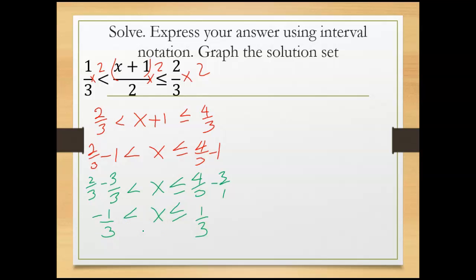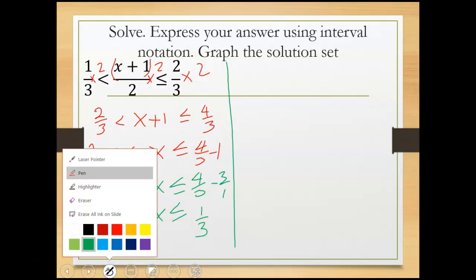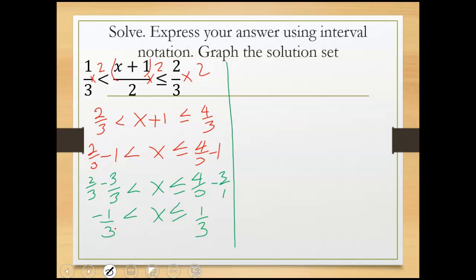So now we're going to write our answer with set notation. So we say our solution is the set of x such that negative 1/3 is less than x, which is less than or equal to positive 1/3.